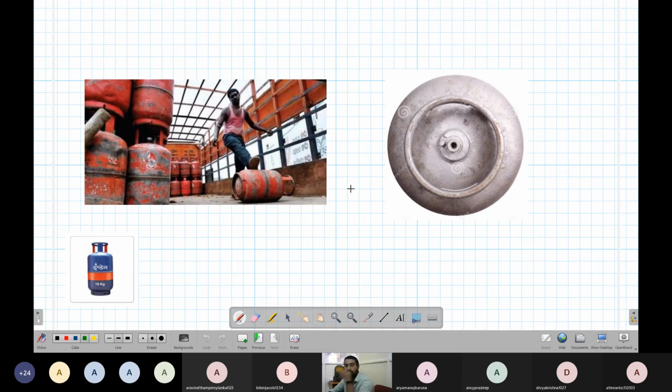Now, what is the application of this? This is an LPG cylinder. Yesterday it was in the news because 50 rupees or so was increased per cylinder. The idea about why I am talking about the cylinder is this: when you get a cylinder, can anyone tell me the weight of a cylinder?